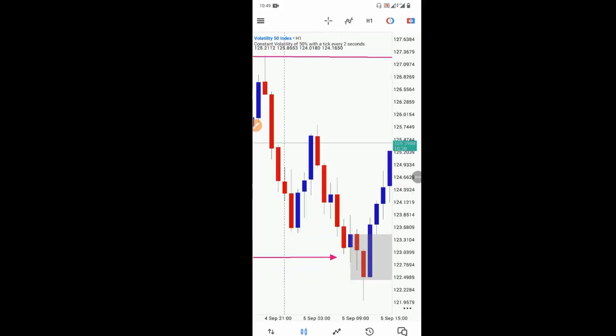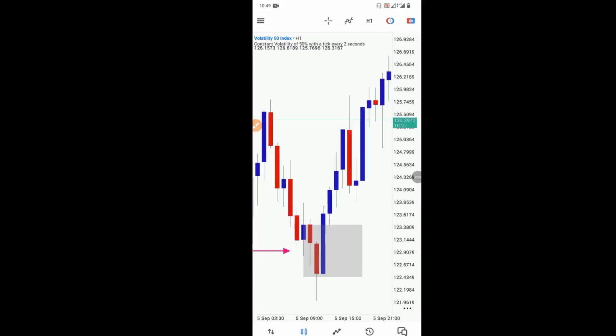Did price take out the previous day's low? Yes. And was the taking out by just a wick or a body closure? If it is a body closure, which happened here, then the number one checklist is met.